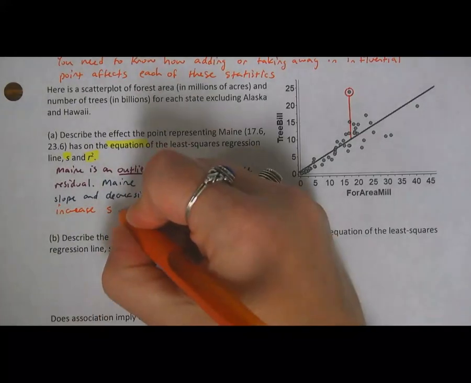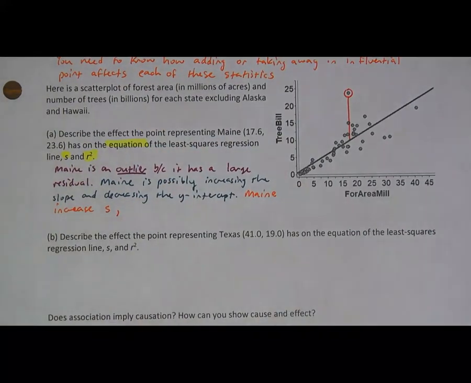and then let's talk about, I'm just going to put a comma because I can put it in one sentence, what about R squared? Does having an outlier strengthen the relationship or weaken it? It's going to weaken the relationship. It's going to throw things off a little bit. So if the correlation R is decreased, then R squared is also going to be decreased.